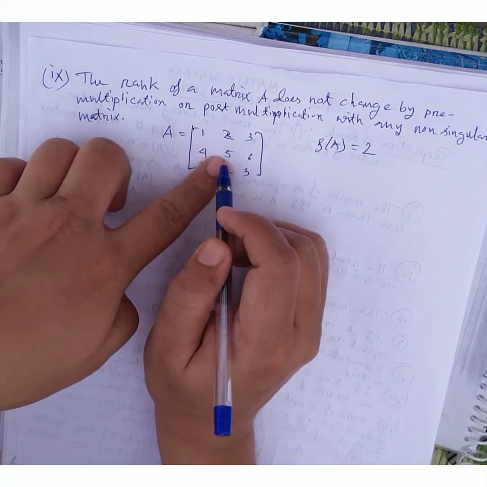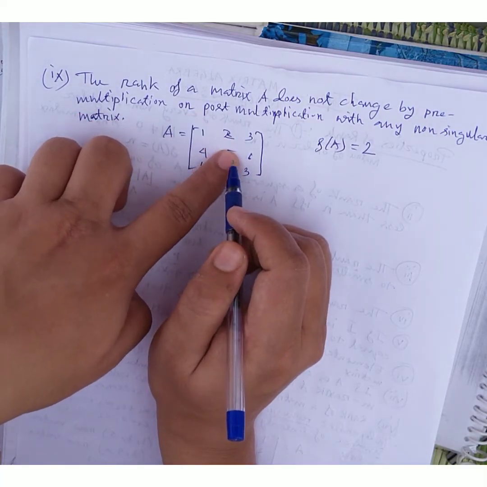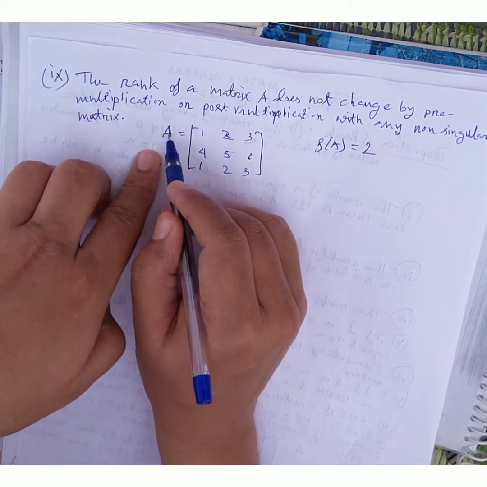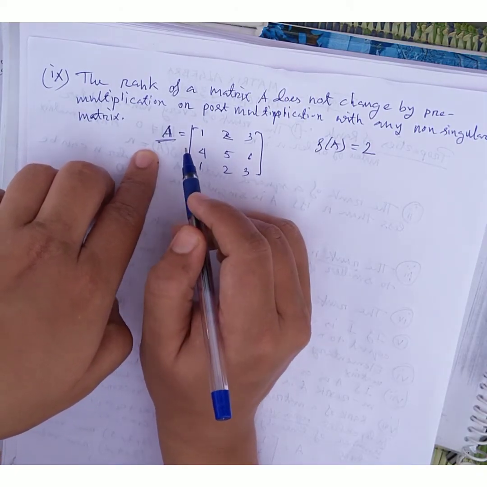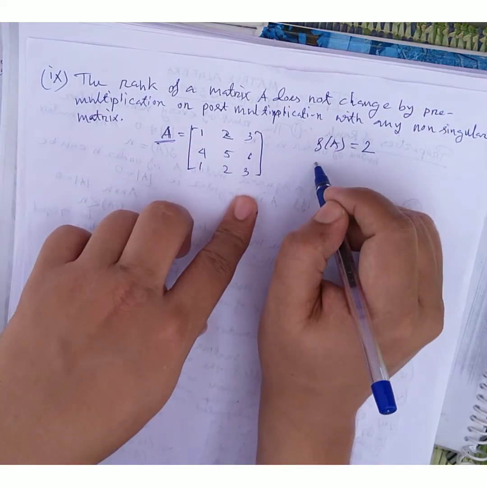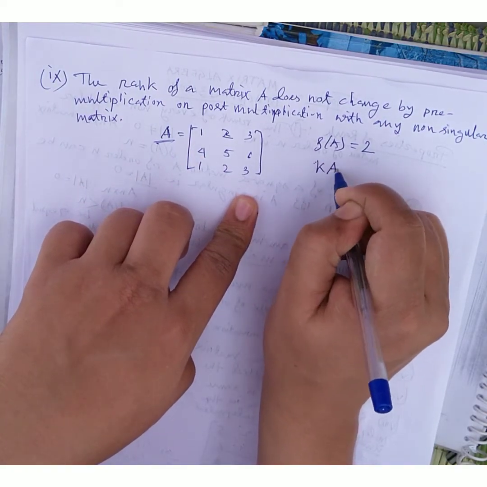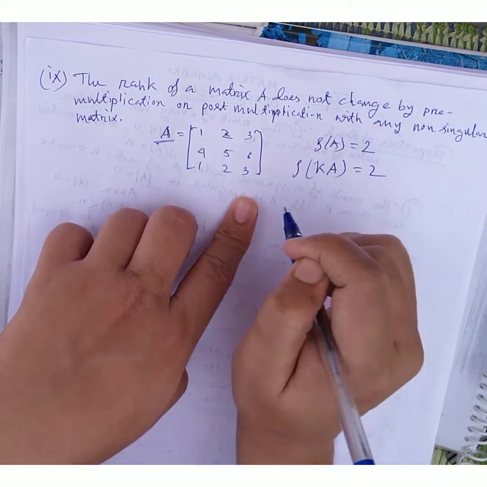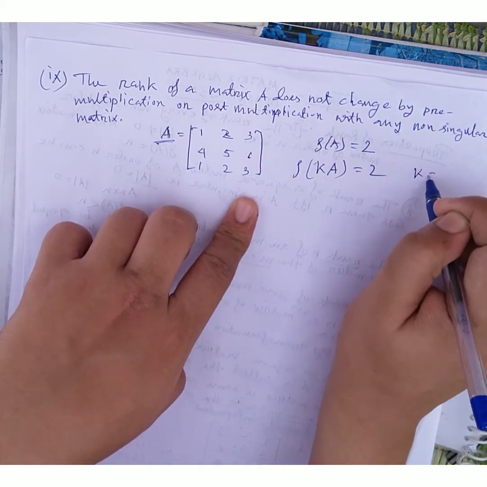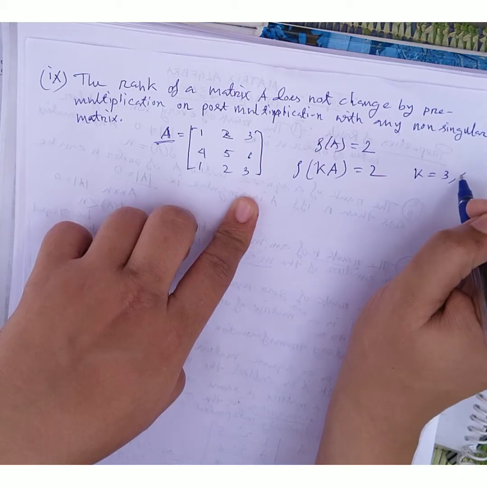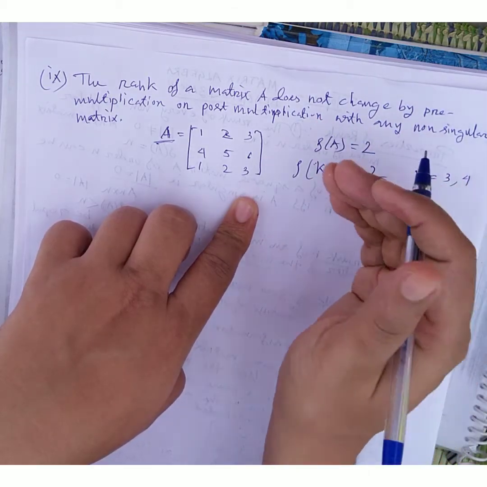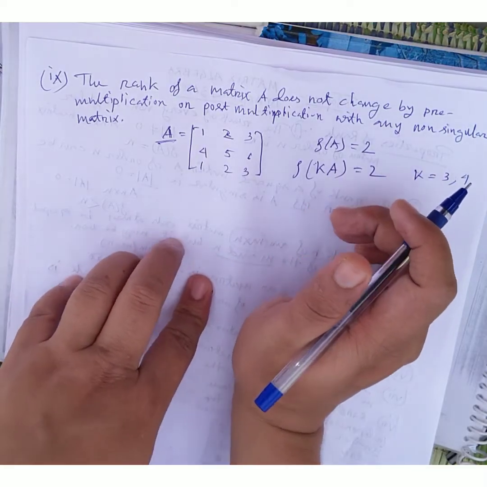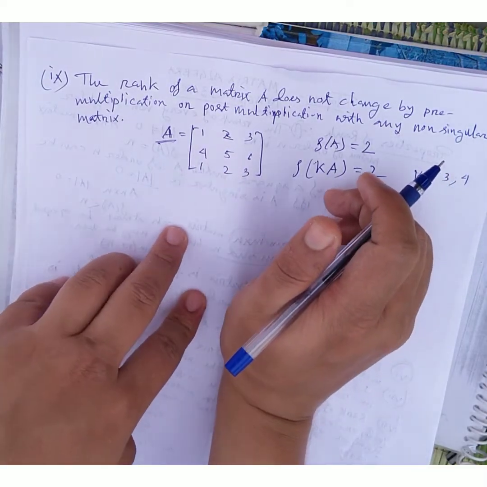Then you can see that the rank of A is 2, and if you multiply by K, any square non-singular matrix, then the rank of KA is also 2. This means you can do pre-multiplication or post-multiplication with any non-singular matrix, but the rank will not be changed.